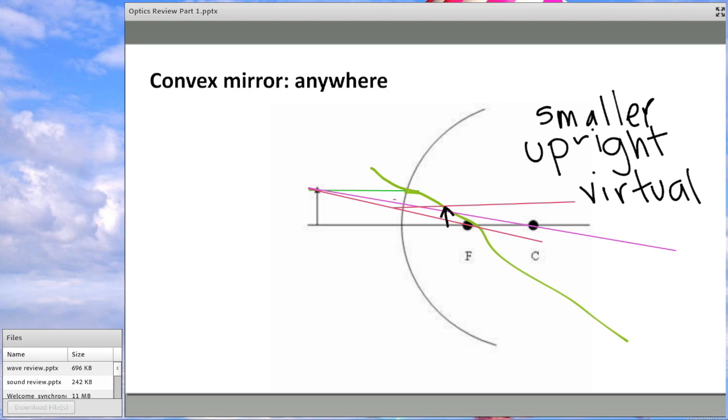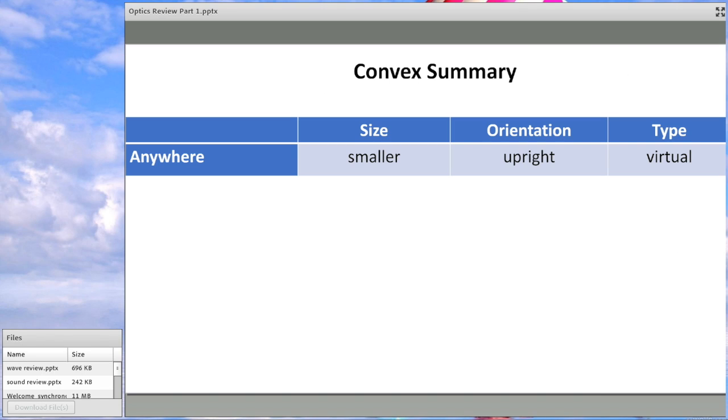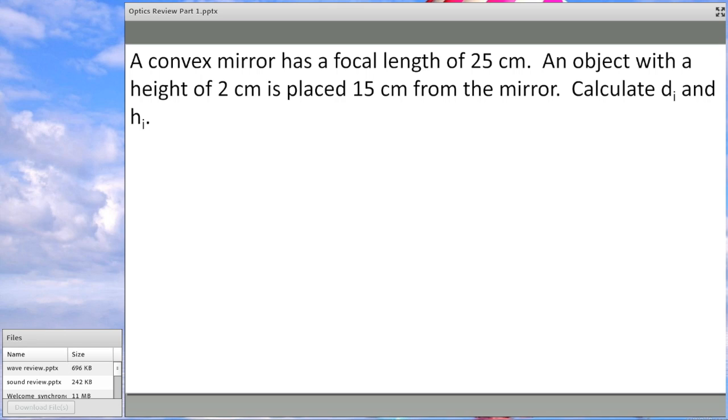It's on the other side of where your object is. So again, this is like real land, and this is virtual land. Okay. So anywhere on a convex mirror, it's going to be smaller, upright, and virtual. It doesn't matter.